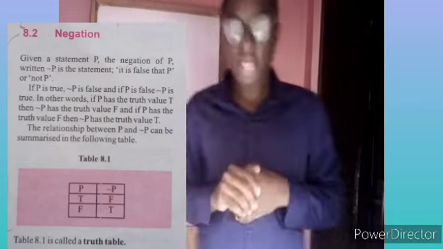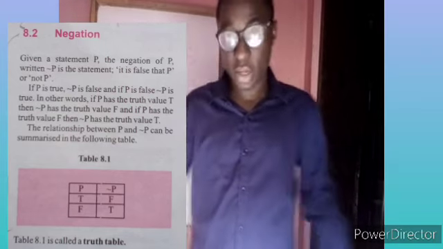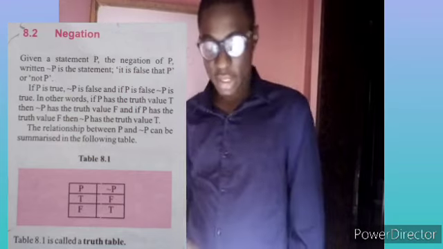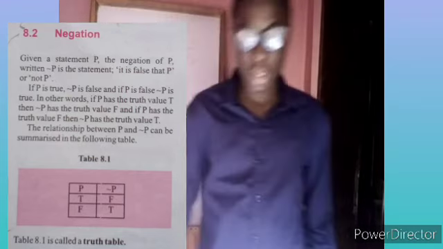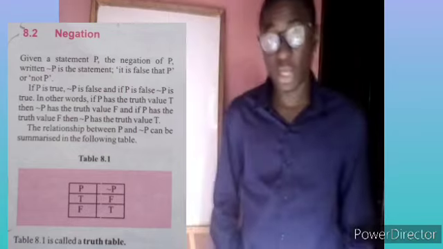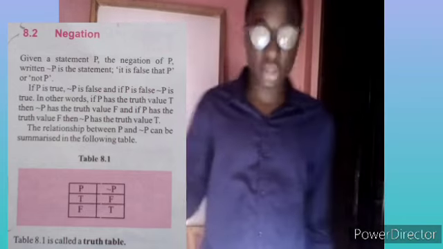A negation is the opposite of a particular logical statement. The negation of P is written with a symbol, and it reads: it is false that P, or not P. That is the symbol for not P. Not P is the negation of P.